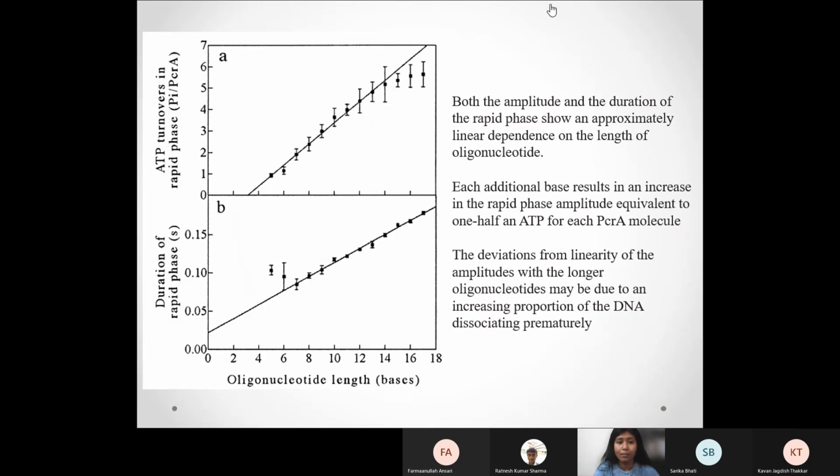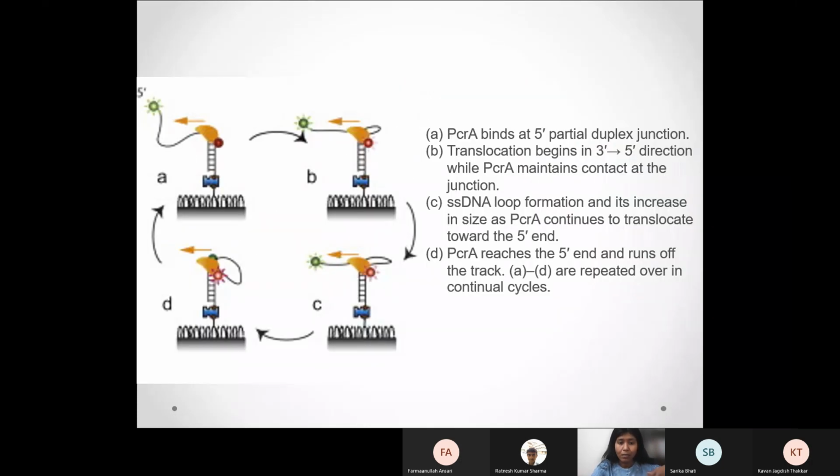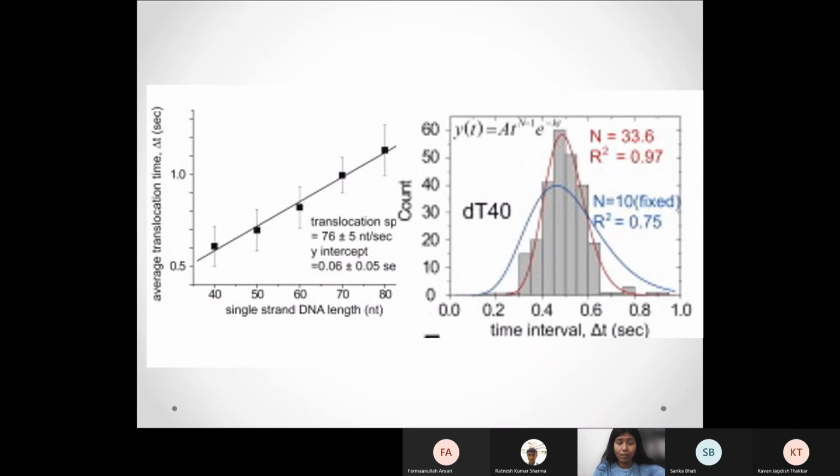There also was a straight line, that the more nucleotides you add, the more phosphate is released. And here you're saying the more nucleotides you add, the longer it is taking for this PCRA to reach the end of the 5' end. So this gives you how many nucleotides your helicase is translocating per second from this graph.